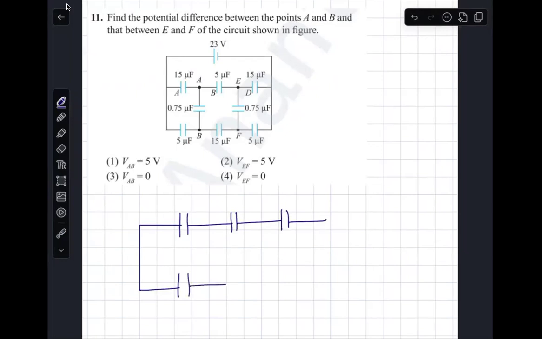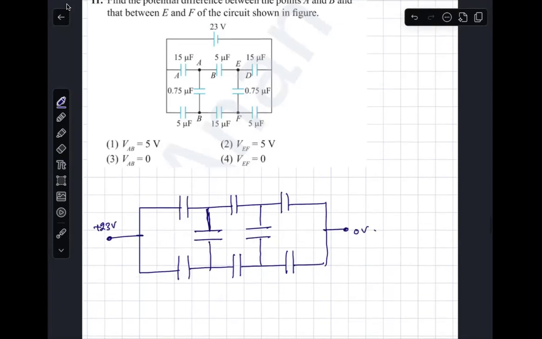You can use the nodal method also, no issues. But you will get 4 equations in that method. I'll take this as 0 volt. This will become 23 volt in that case. Okay. Next. Here is your A, here is your B.